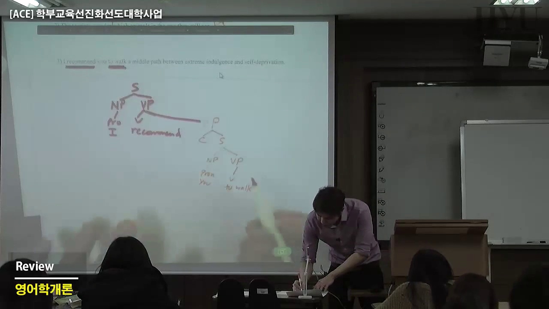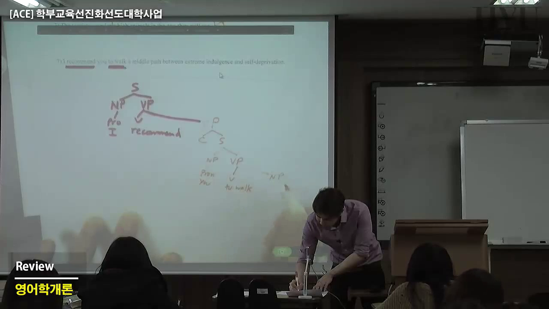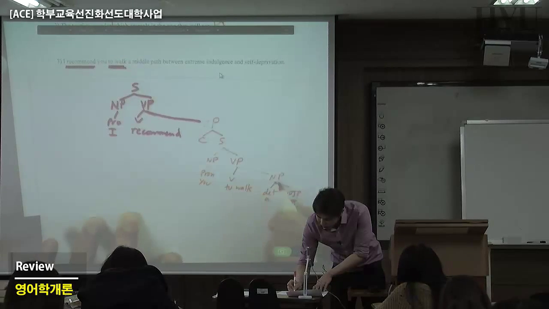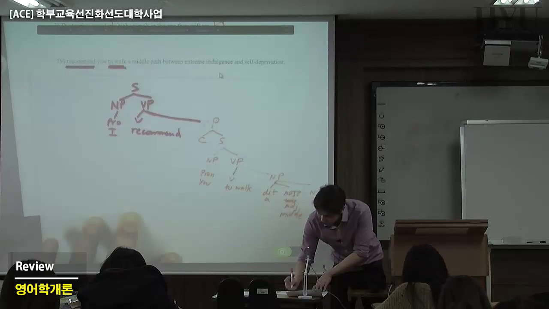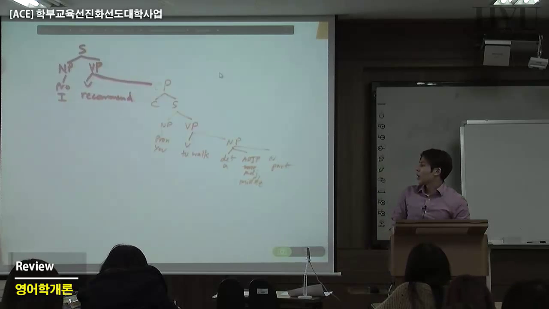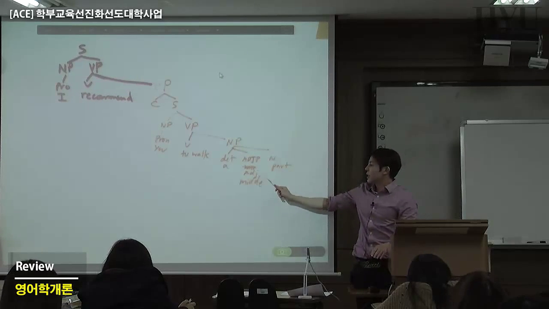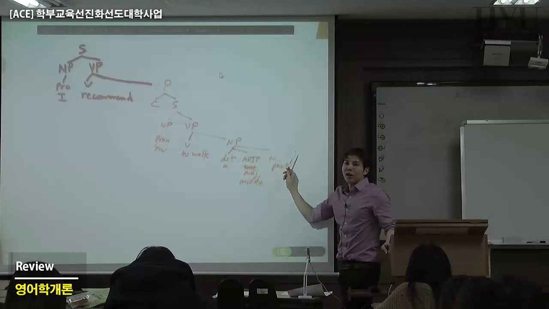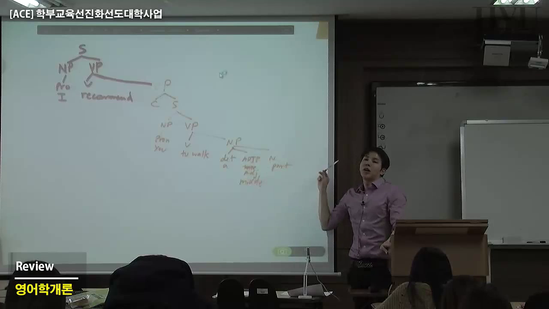And then finally we have the NP, determiner a, and then adjective phrase, middle, which goes to adjective, middle, and then part is the noun, like this. So adjective phrase and adjective middle, to write it out in full, because it could be a very middle part, a small middle part, whatever, okay?